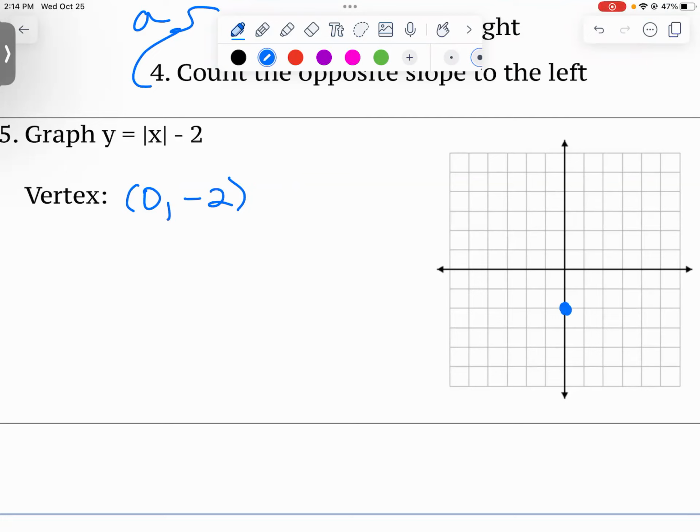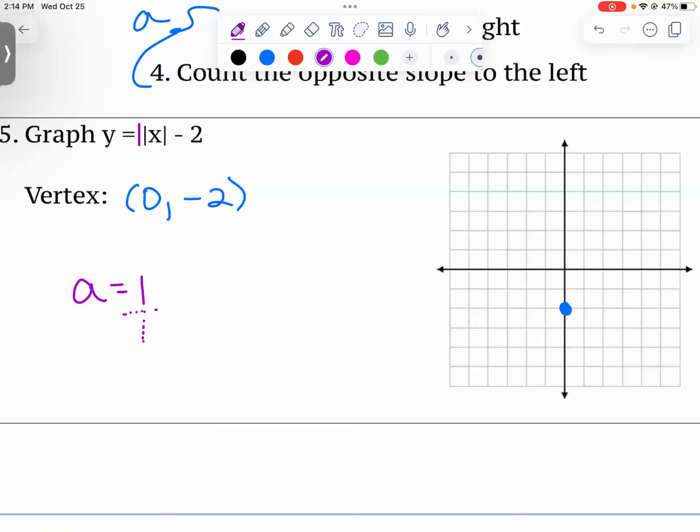Now, technically, we have a 1 in front of our absolute value, right? A is 1, which means we are going to count our slope of 1, or think of it as 1/1, to the right.